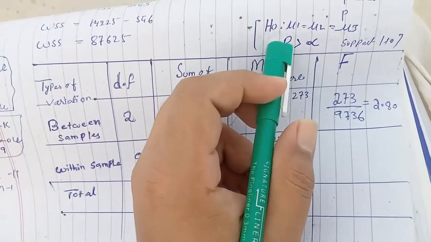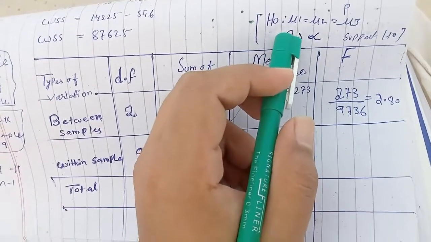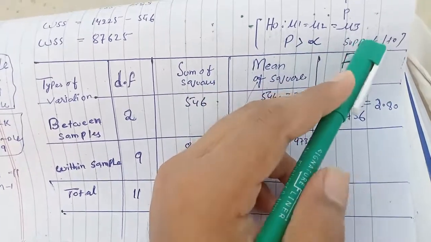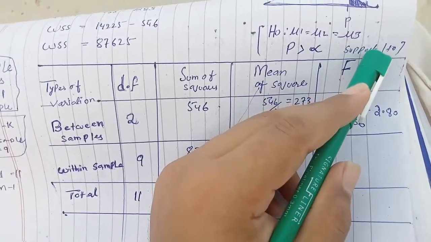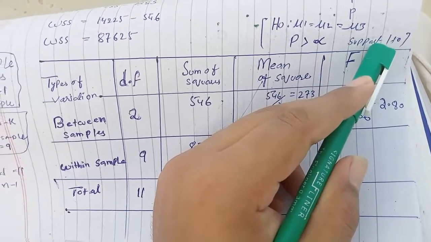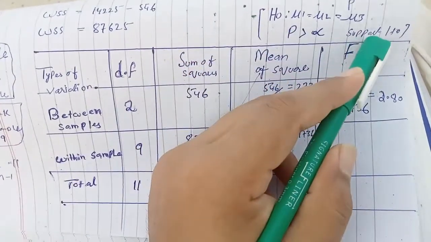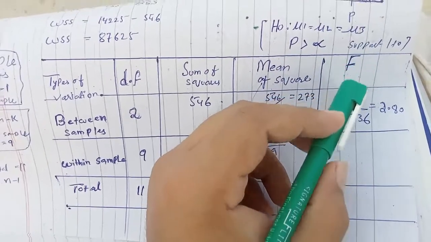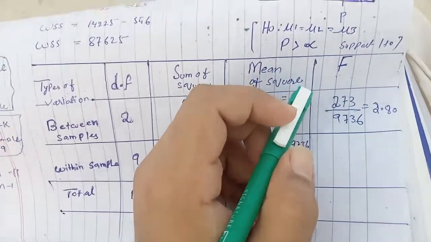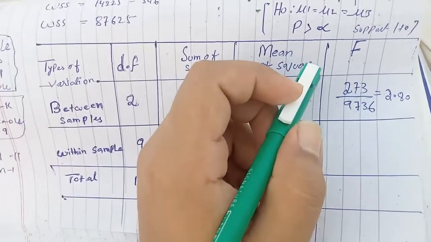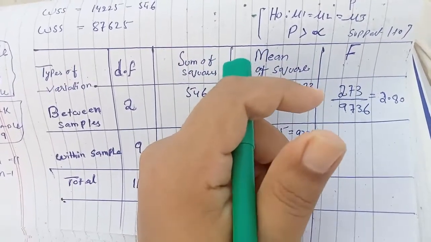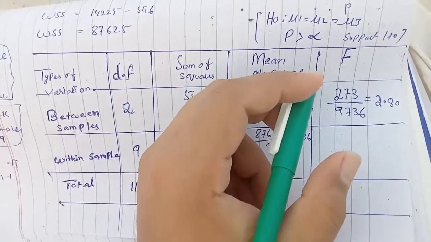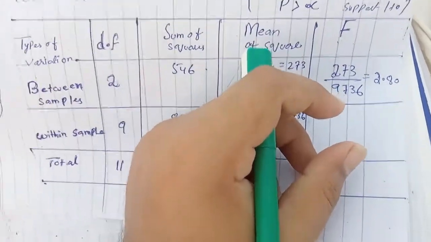If the p value is greater than alpha, we will support this null hypothesis, and we are able to say there is no difference in the mean of the class A, class B and the class C marks, right?